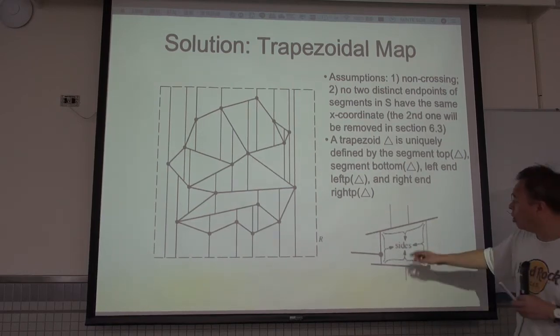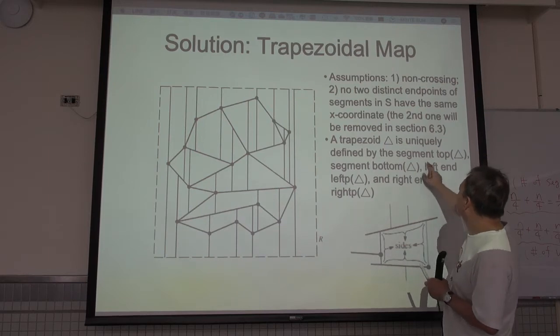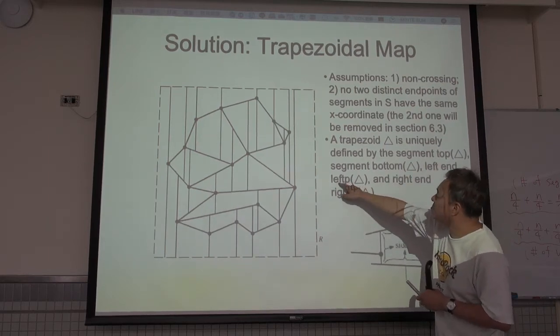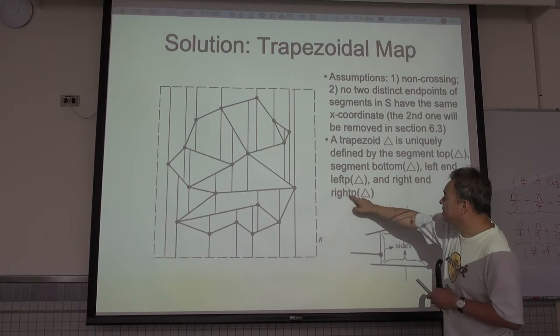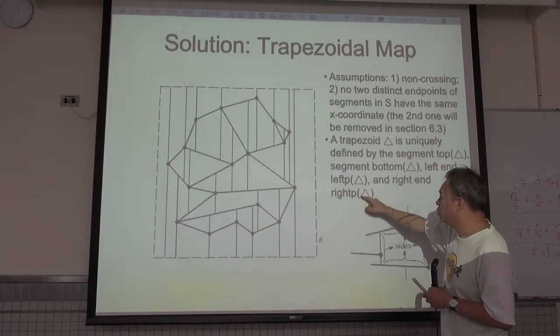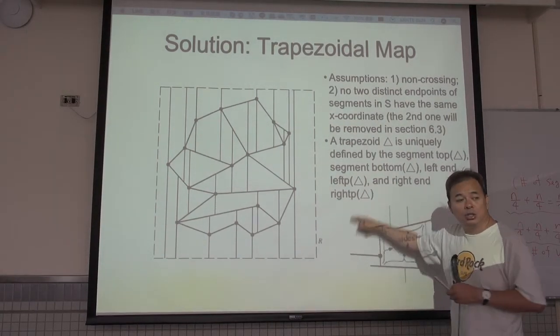So we call the left side and right side left P, right P. For a trapezoid we use this delta to refer to it.